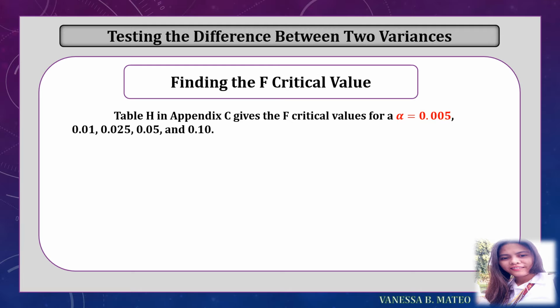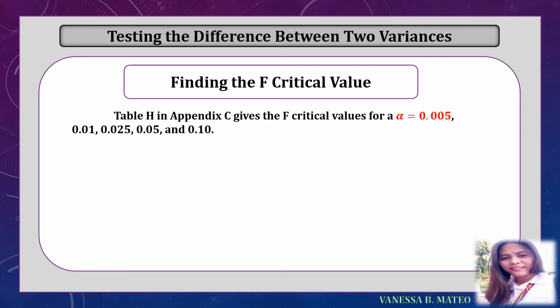I have mentioned earlier that when you are finding the F-test value, the larger of the variances is placed in the numerator of the F formula, and this is not necessarily the variance of the larger of the two sample sizes. So the table H in Appendix C gives the F critical values for alpha 0.005, 0.01, 0.025, 0.05, and 0.10.